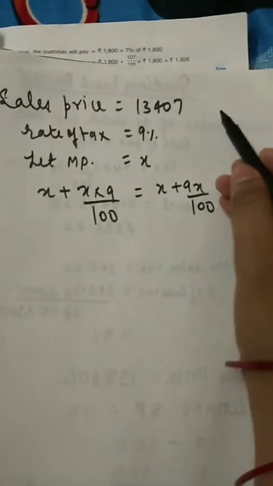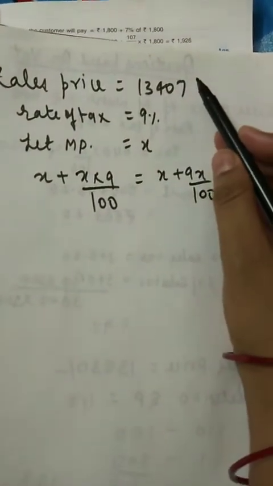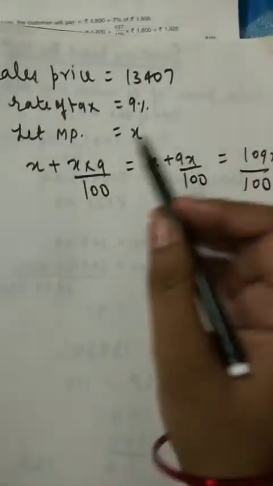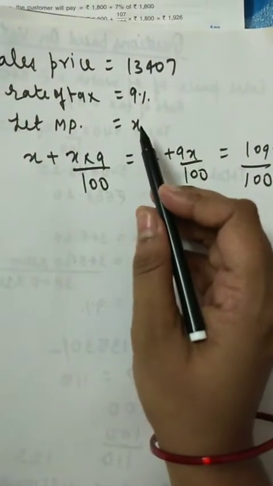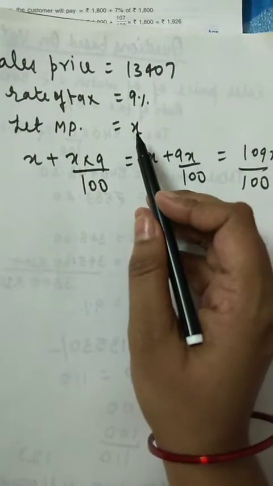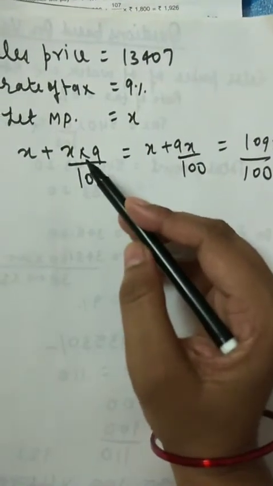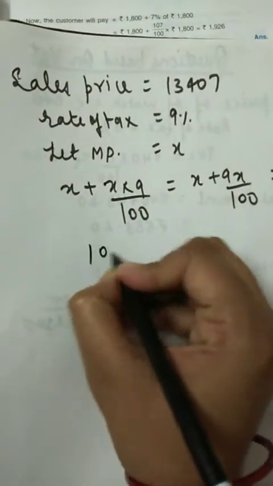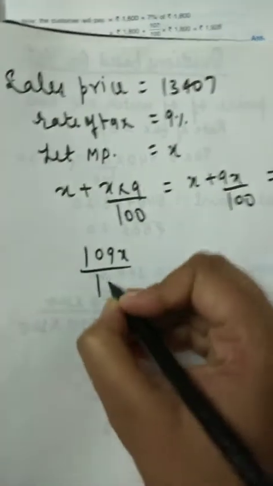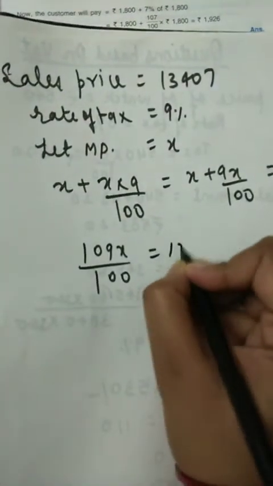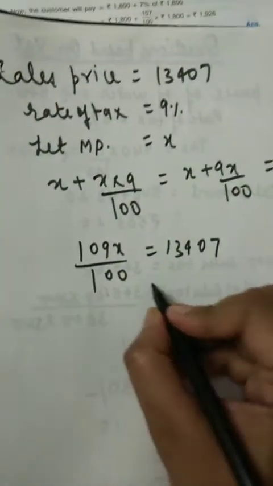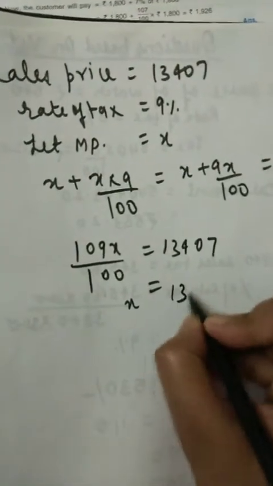What we have done, this is the total sales price in which tax is also included, but the marked price is not given, so we have just let this marked price be x, and we have calculated the tax here, and finally we have added the tax to this. Then our value for this is given as 13,407. So we will find the value of x from here.